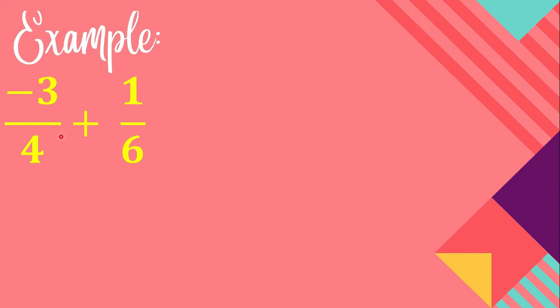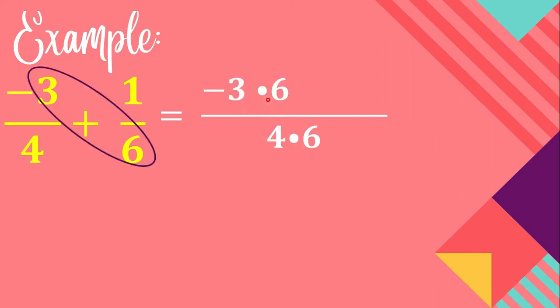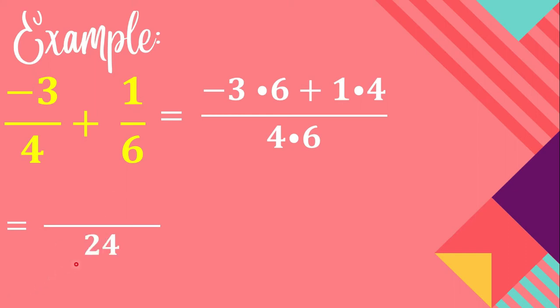Next, negative 3 over 4 plus 1 over 6. So you have to multiply your denominators, 4 and then 6. And then cross multiply, negative 3 times 6 plus 1 times 4. Let's simplify, you have 4 times 6, which is 24 for your denominator, and then for your numerator, you have negative 3 times 6, which is negative 18, plus 1 times 4, which is equal to 4.